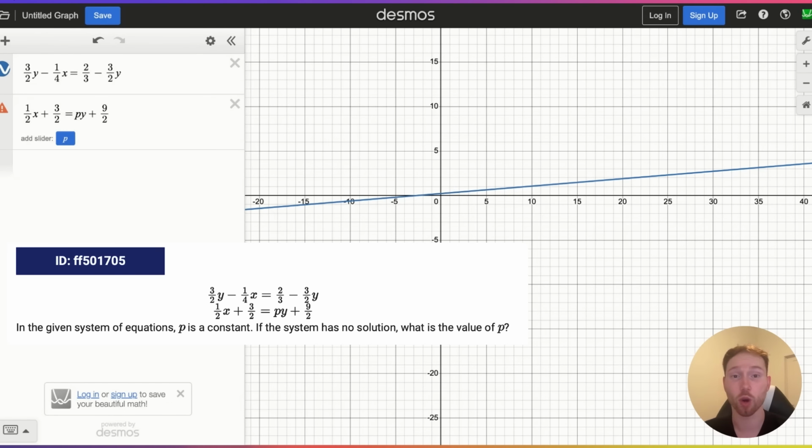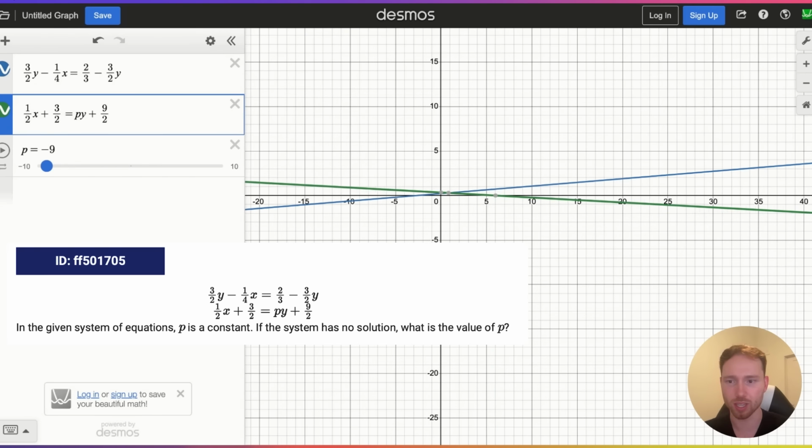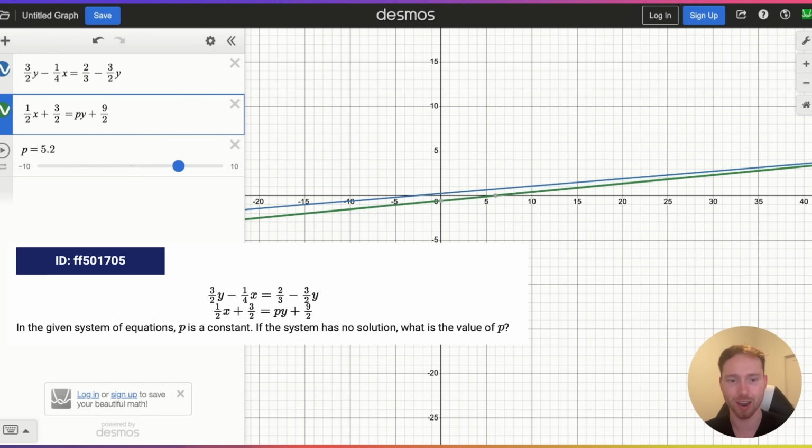Take a look at this question here. Go ahead and type it into Desmos. It is saying that these equations have no solution. Now we know that means the lines never intersect each other. So we're just going to go ahead and plug them into Desmos and then click add slider for p so it shows up on our line. And there we go. We can see they intersect at one point when p equals 1. So I'm going to move the slider around, seeing if I can find anything to make it so these lines never intersect.